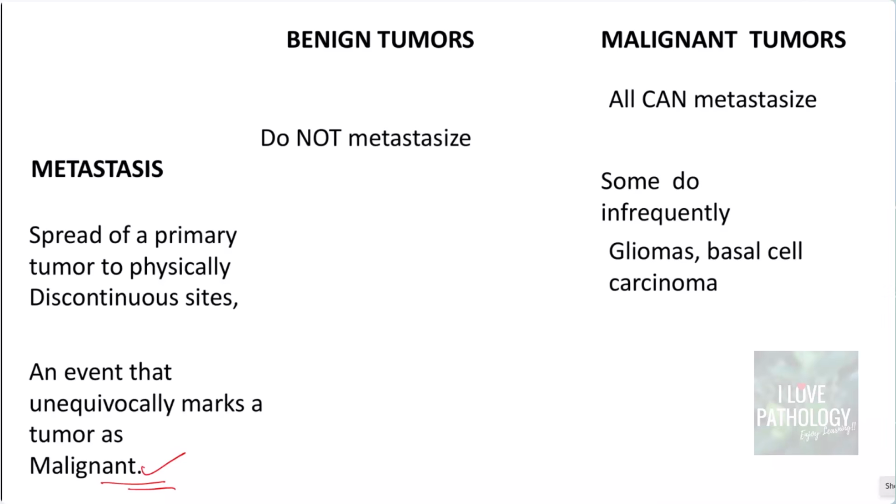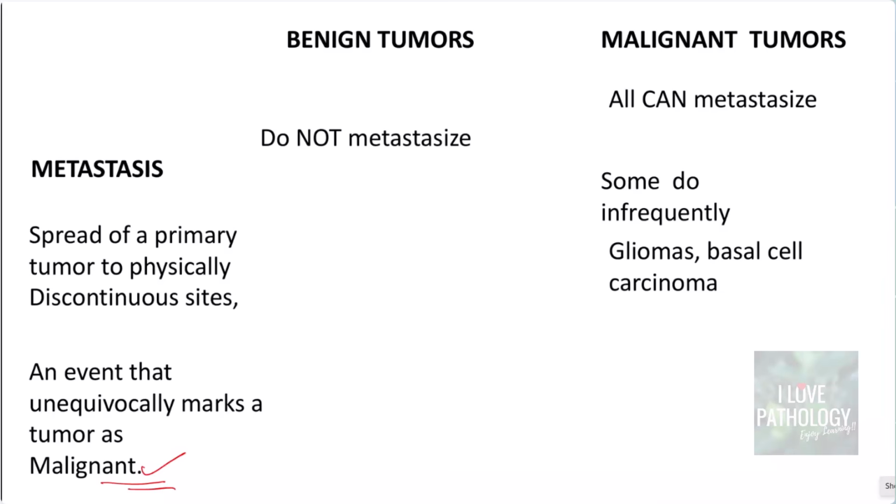Benign tumors do not metastasize, and malignant tumors, remember, all malignant tumors have the potential to metastasize, to move from one place to another place. They can move into almost all distant organs, liver, spleen, bone marrow, brain, and so on. Some of the malignant tumors infrequently metastasize.